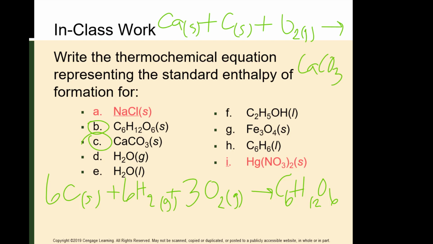So I need 1 calcium, 1 carbon, and 3 oxygens. So to get 3 oxygens from O2, 3 halves, right? 3 times 2 is 6, divided by 2 is 3. There we go. So again, we were forming 1 mole, oh, that's a sloppy one, 1 mole of calcium carbonate.